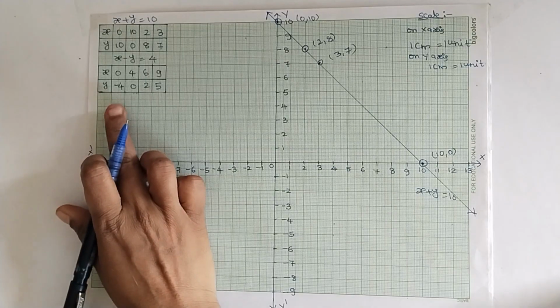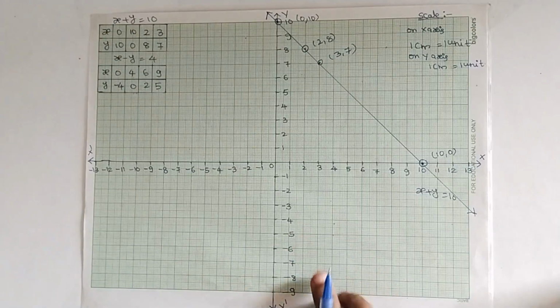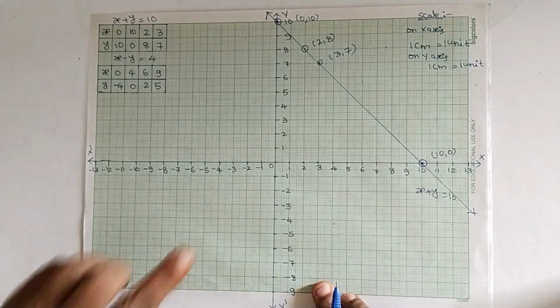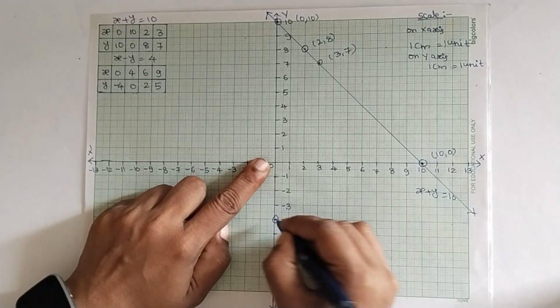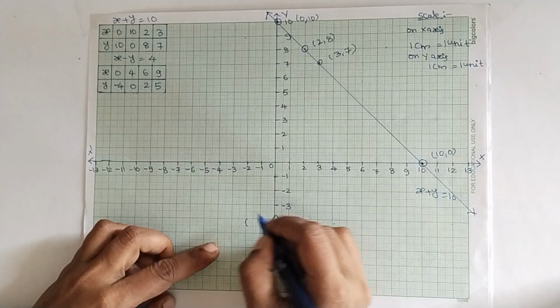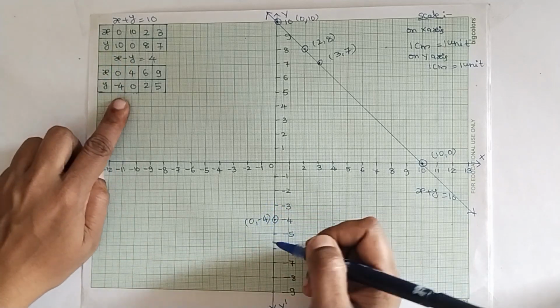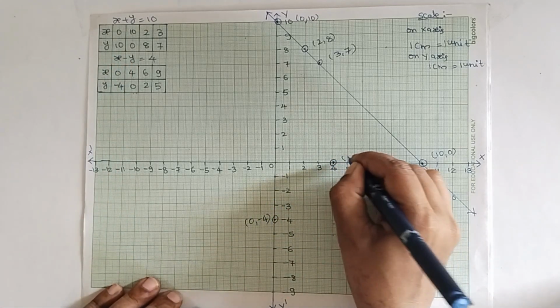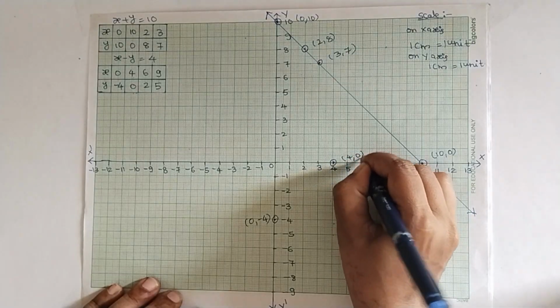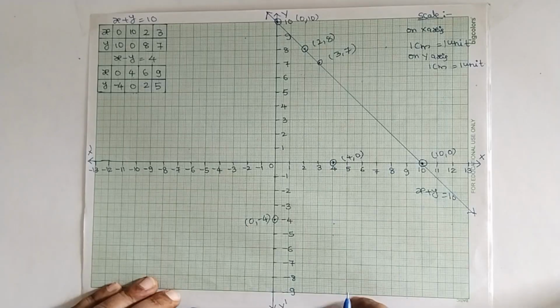Next, let us plot the points for the second equation. 0, -4: on the x-axis it is 0 and y is -4. This is our point. Next, 4, 0: x is 4 and y is 0. On the x-axis, y is always 0 and on the y-axis, x is always 0.